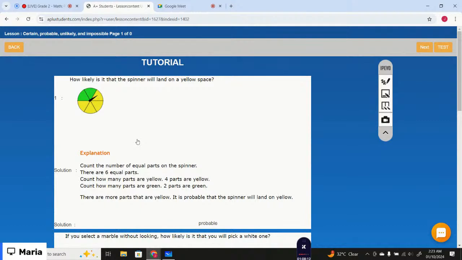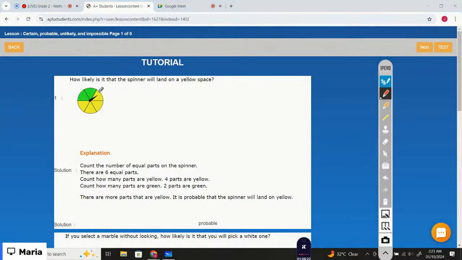How likely is that the spinner will land on yellow space? So let's just look at the spinner, right? The spinner has one, two, three, four portions that are yellow and only two portions that are green, right? So that means the spinner has a total of six portions. Four of them are yellow and two of them are green.